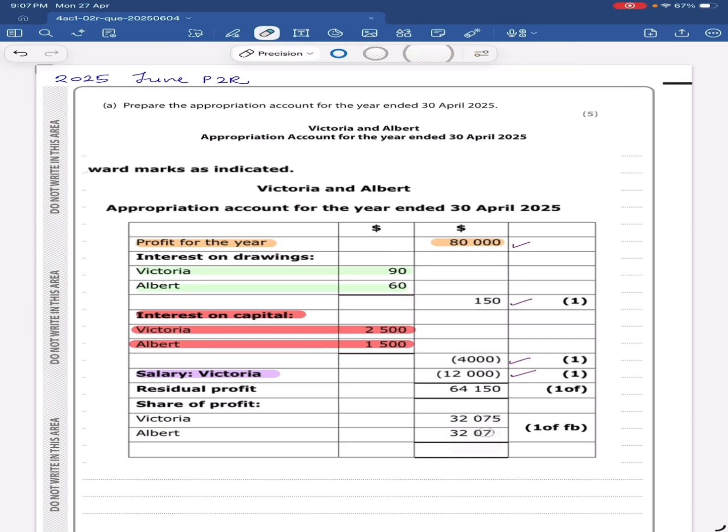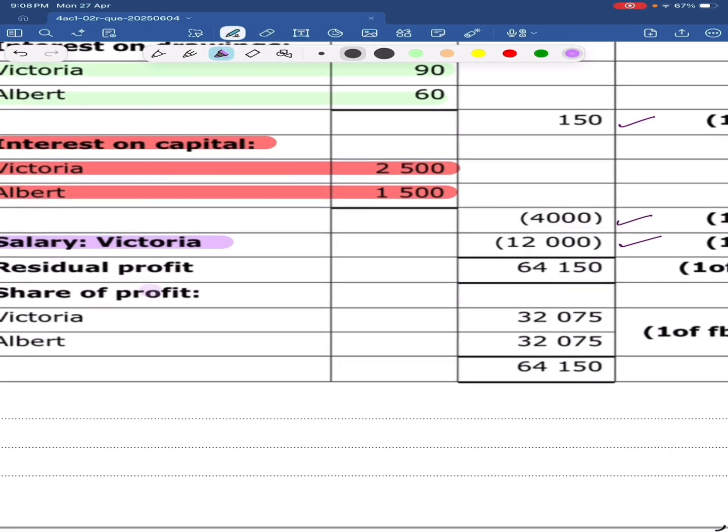Now let's share it between these two and write the total figure beneath 64,150. So how did we find the share of profit? We have taken 64,150 into 1 over 2 and then 64,150 into 1 over 2.